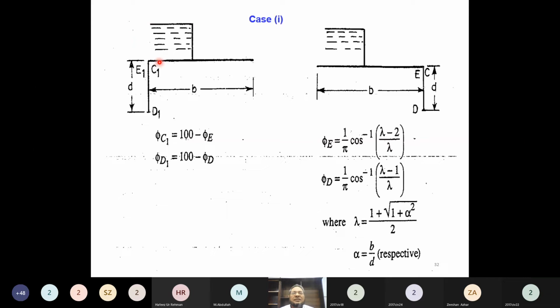Now this is the concrete floor and there is a sheet pile on upstream side, E1, D1, C1, and this is the concrete floor of negligible thickness. And this is the downstream sheet pile, EDC. This is how we define a sheet pile.